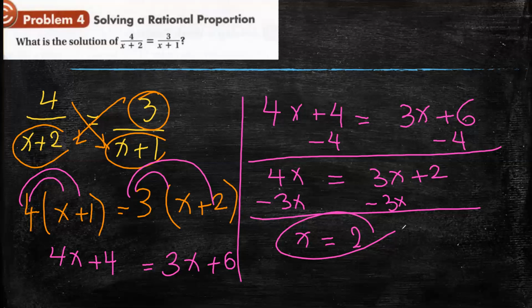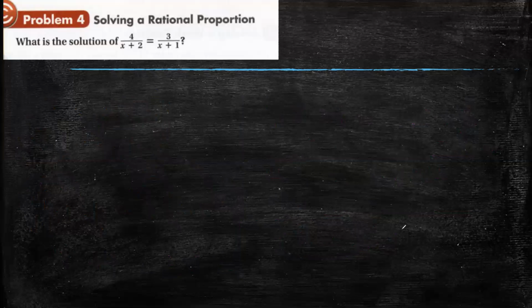Let's now check if our solution is correct or not. I told you x is 2. So 4 over 2 plus 2 must be equal to 3 over 2 plus 1.